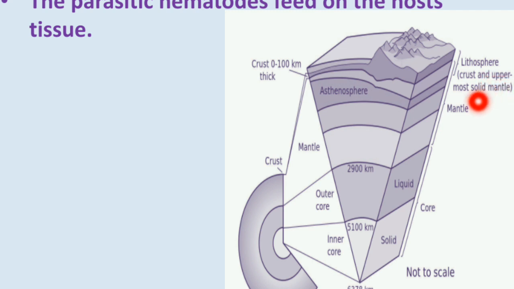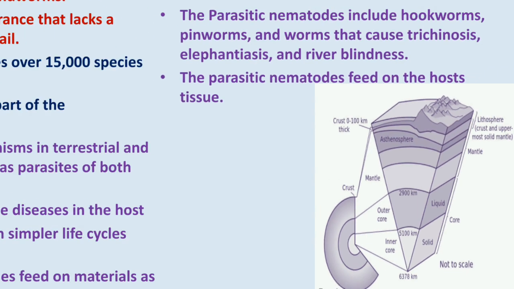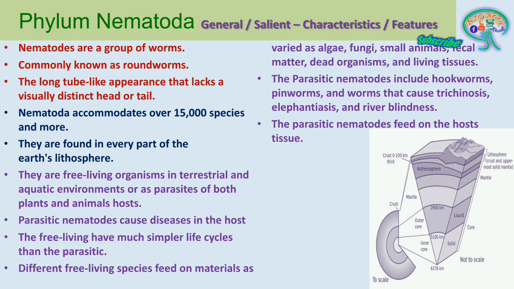Within this layer of the earth there are worms which belong to the nematodes. Those are around 15,000 species, and they are found in every part of the earth's lithosphere.